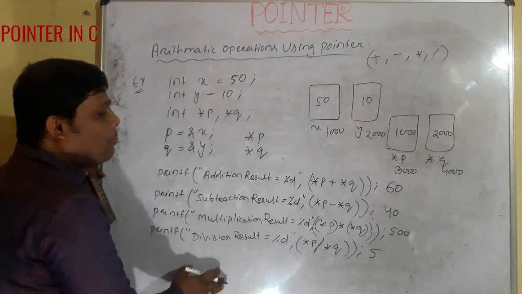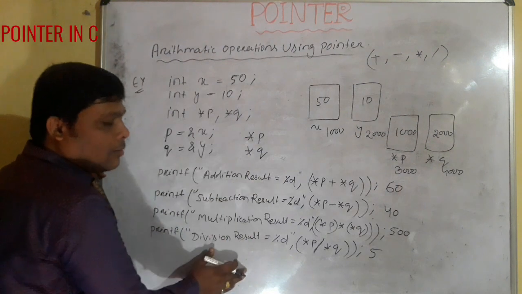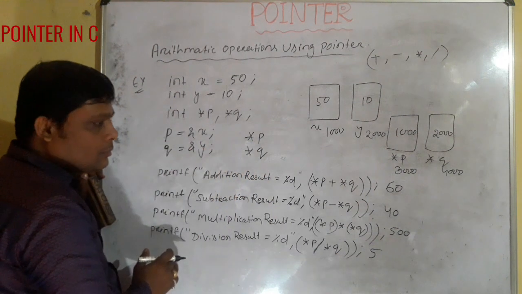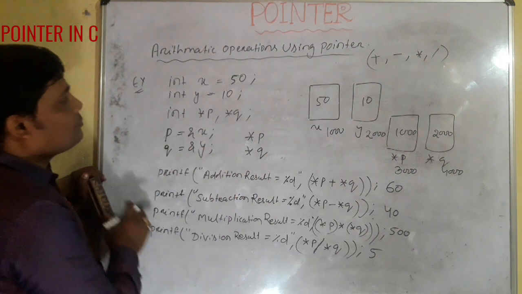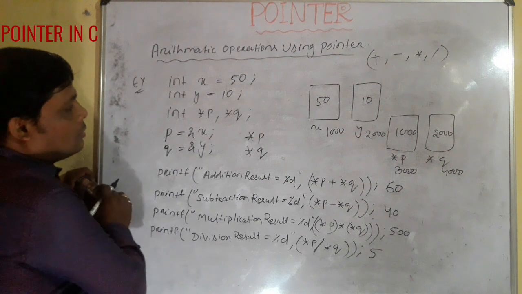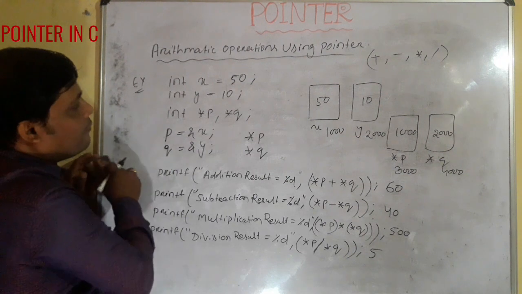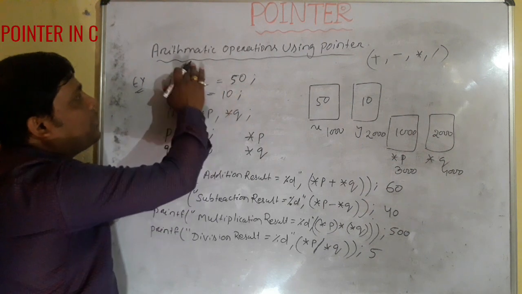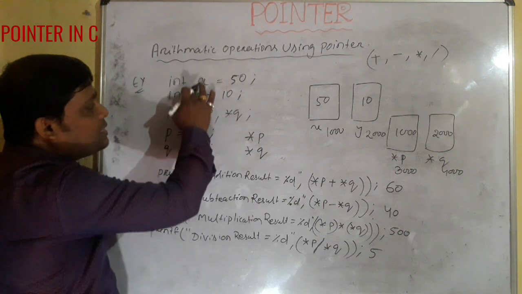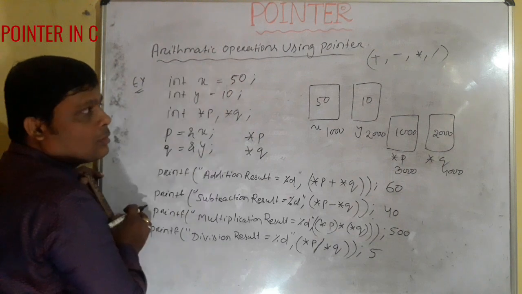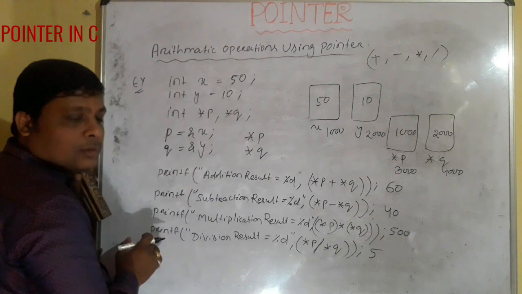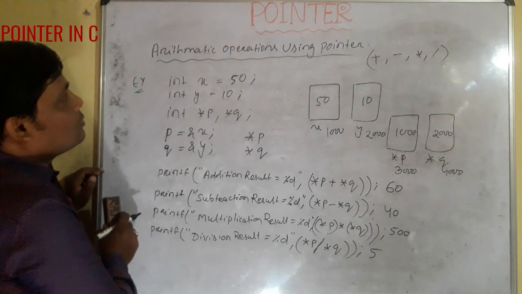In this way, you can apply different arithmetic operations on pointers. Clear? So you can modify the value of this, or apply the arithmetic operations on these variables indirectly by using pointer. Clear?